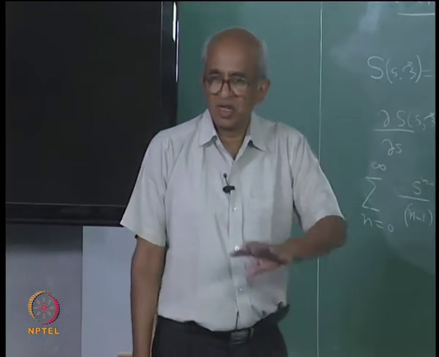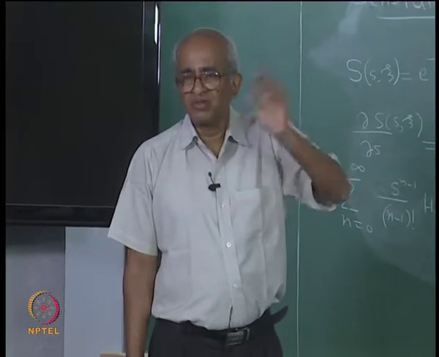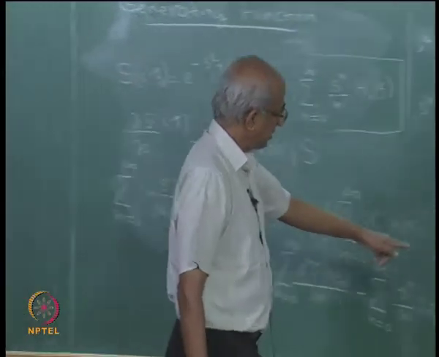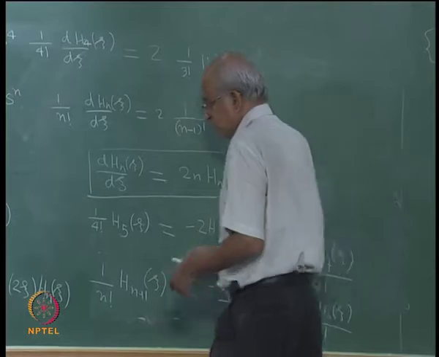Right. This is what will happen if you equated the coefficients of s to the power of n, and this relationship, what will you do? You will multiply throughout by n factorial and we look at the result.